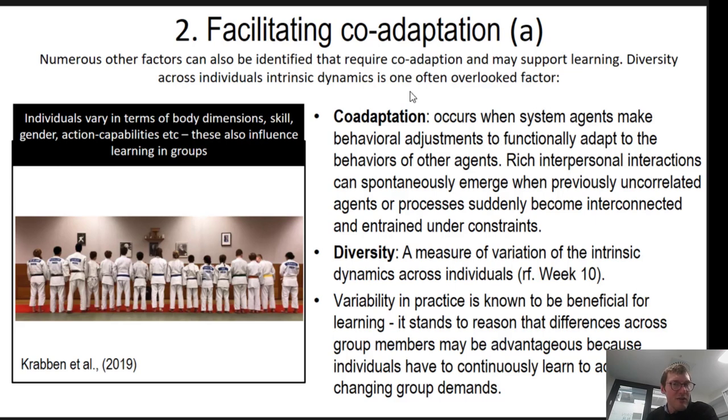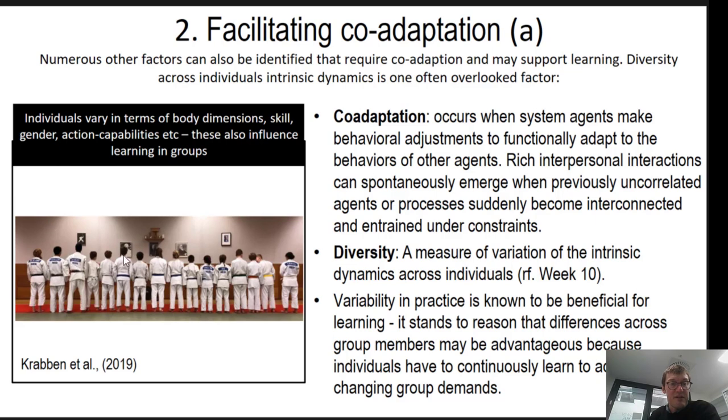So there are lots of factors that require people to co-adapt. One example, one that's often overlooked, is the diversity across different people. So, if we look at this lineup here, we have a bunch of judo athletes going from right to left here. We have white belts, yellow belts, green belts, blue belts, maybe some brown belts, and some black belts at the end here, right?